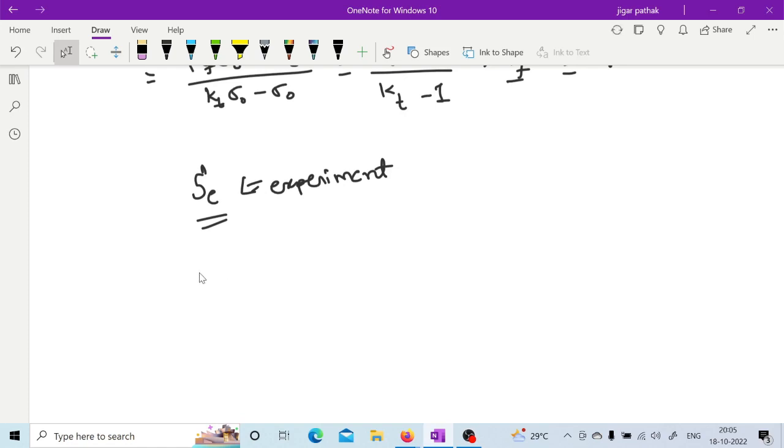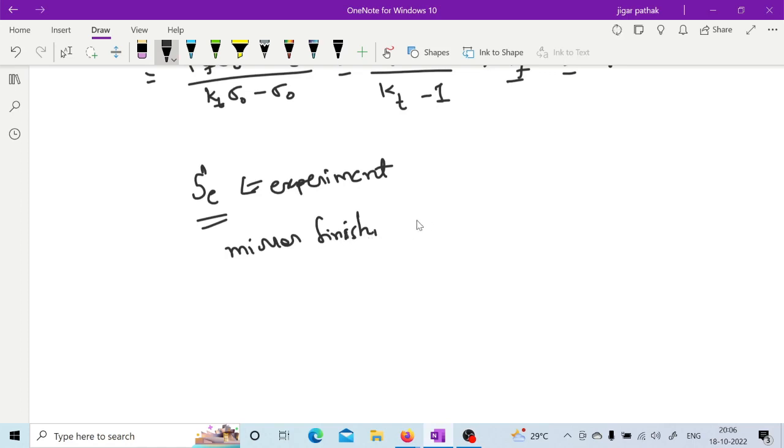Why? Because there are various factors affecting it when it comes to actual application. In your particular experiment, what you are using is a mirror finish.